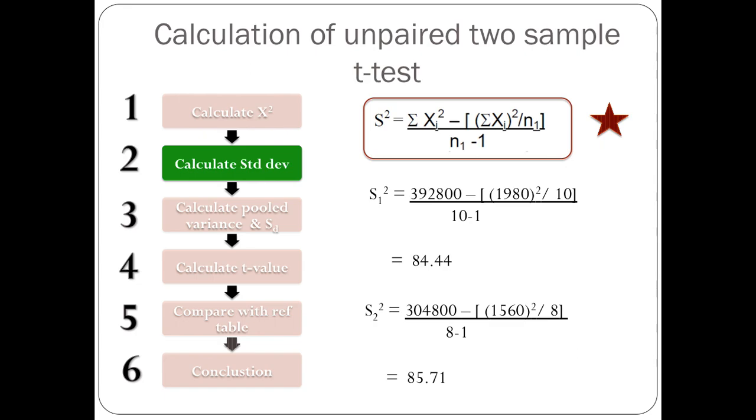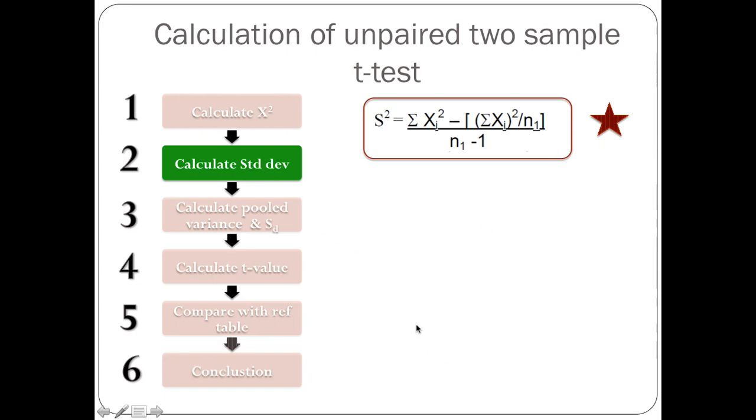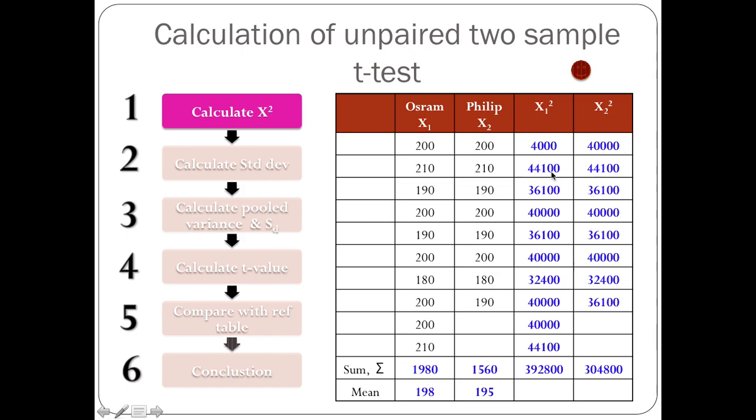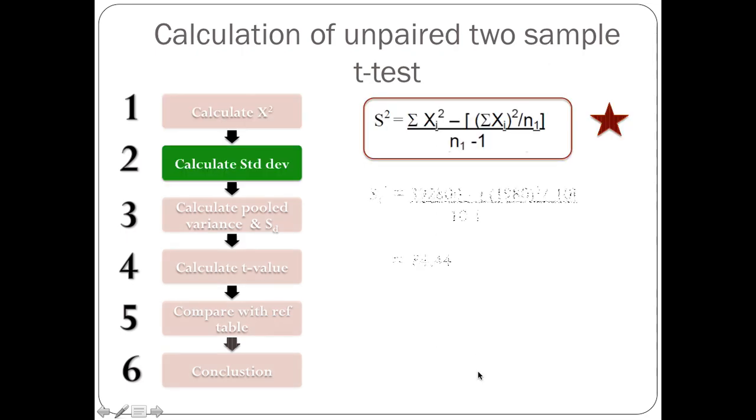And for the S2 squared, you do the same, but for the second group, which is for the Philips. The total x squared is 304,800, and your x2 is 1,560.